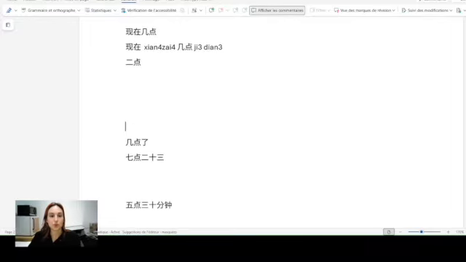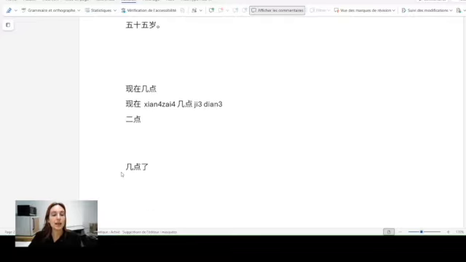You can also, to sound a bit more casual, say 几点了. So the 了 is a neutral tone. There's no tone on it. Just like the 呢 when you say 你呢.